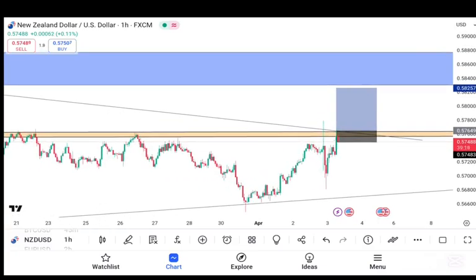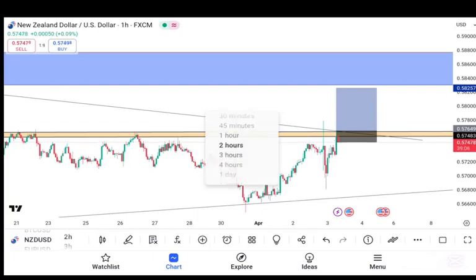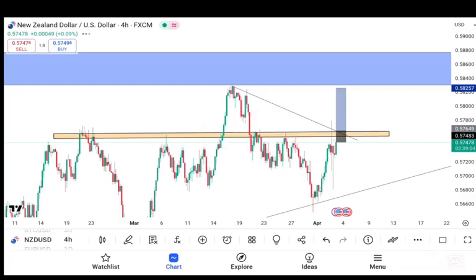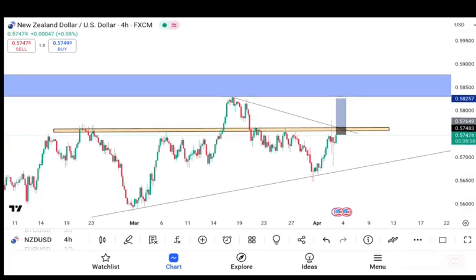So already price is high. You can't jump in here because price is high. So that is the NZD USD in a nutshell.